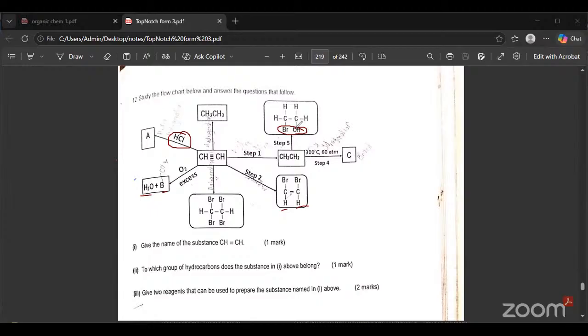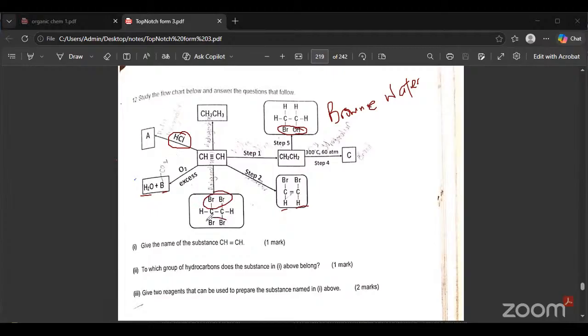I know people have forgotten this one. When you had an alkene, when you had bromine water. Now let me ask you, what is bromine water? We said it is an oxidizing agent, yeah? So the observation that you expected here actually is decolorization in your bromine water. Bromine water, not bromine, which is a bromine gas.